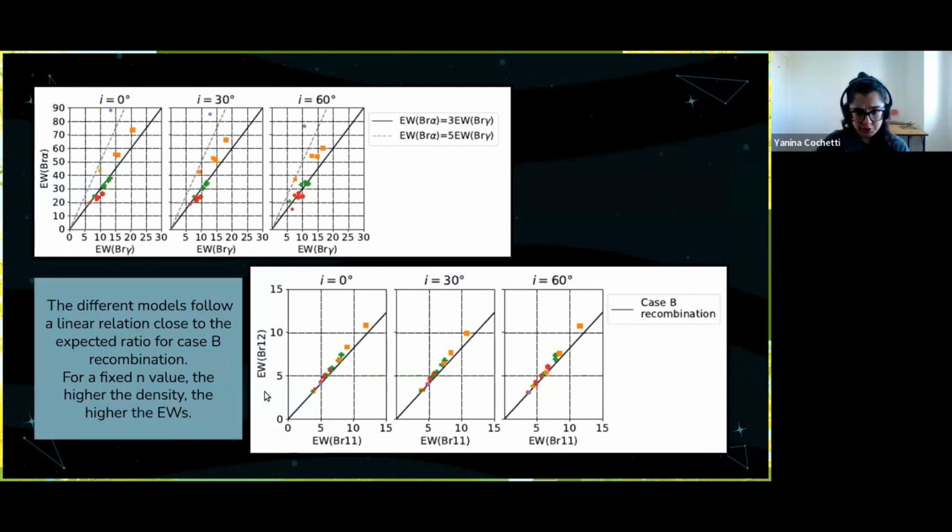And we made also these plots with the equivalent width of Brackett 11 and Brackett 12. And it seems to be close to this line that is the expected ratio for case B recombination, I mean, in the optically thin case. And for a fixed n value, that is different colors, the higher the density, I mean, the higher the symbol, the higher the values of the equivalent width.